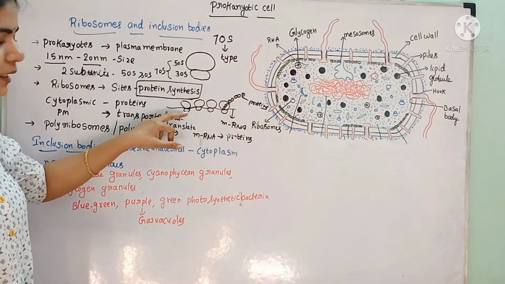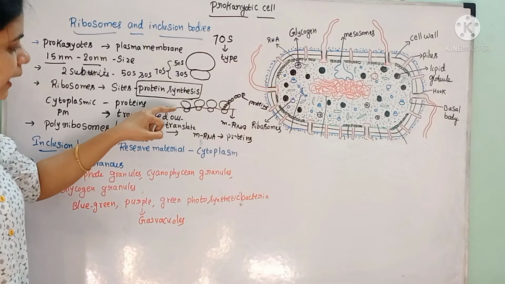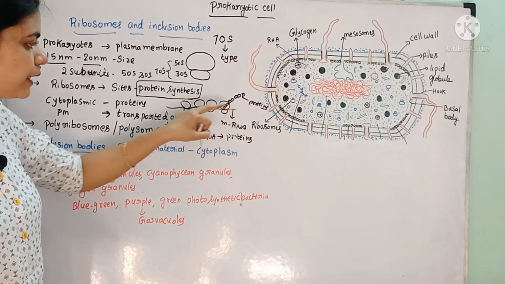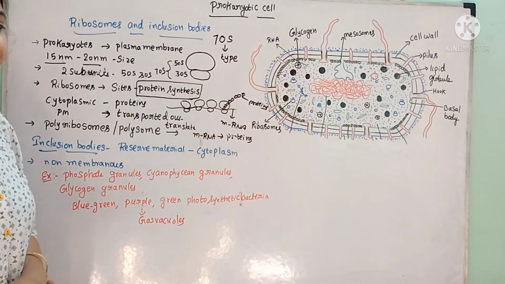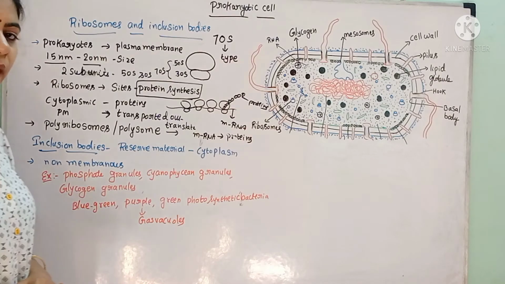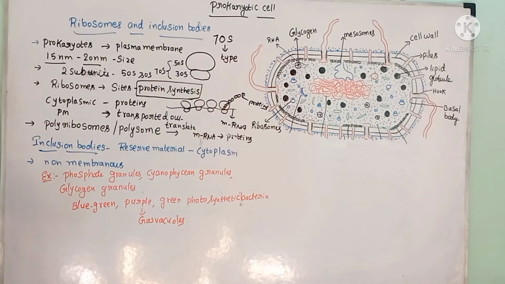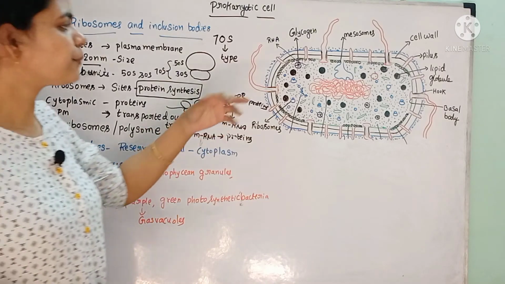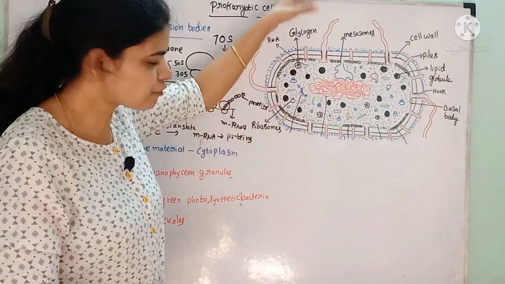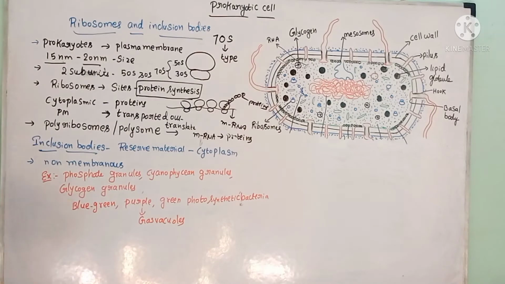This is the larger subunit and this is the smaller subunit. They translate the mRNA and prepare proteins. Proteins are released after the translation of the mRNA, and the released proteins will be present within the cell or may be transported out of the cell, depending upon the location of the ribosomes. This is about the ribosome.